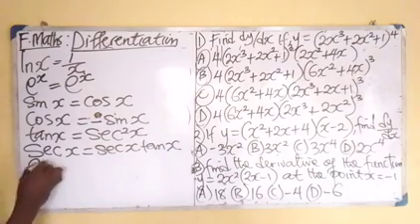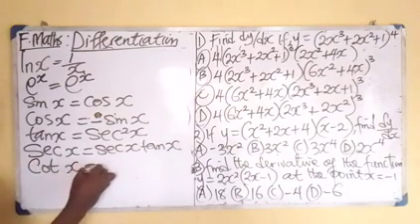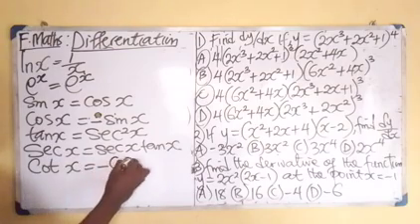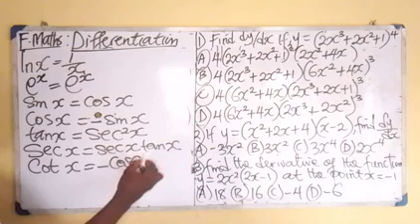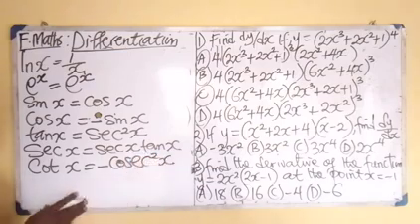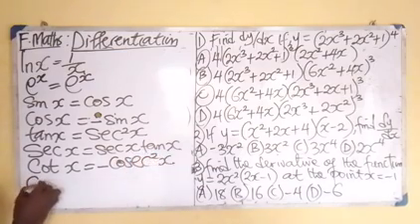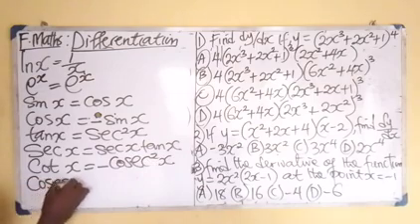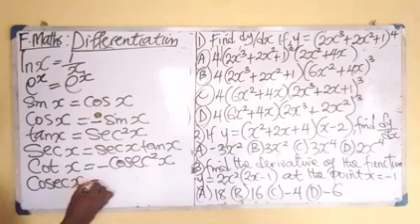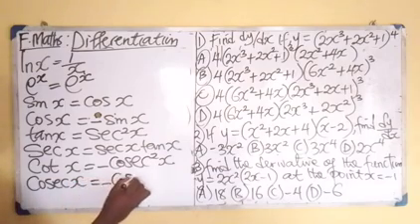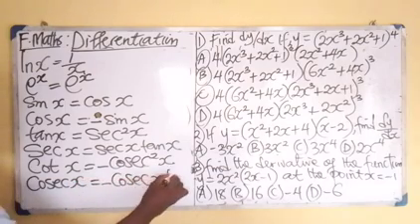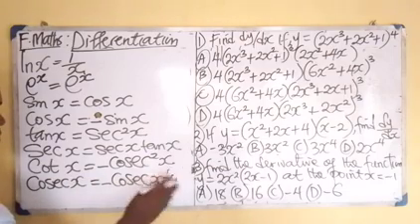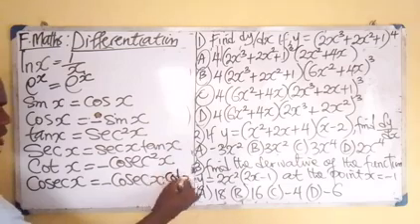If I differentiate cot x, I'll be having minus cosec squared x. If I differentiate cosec x, I'll get minus cosec x cot x.